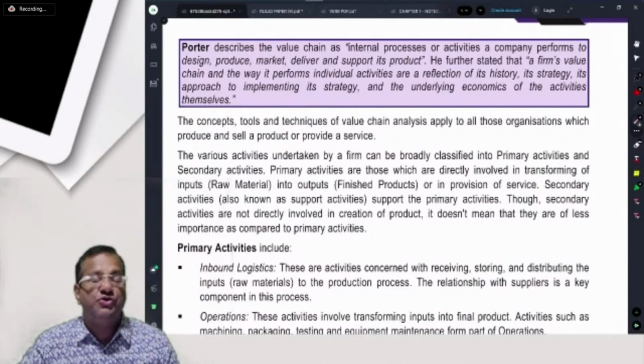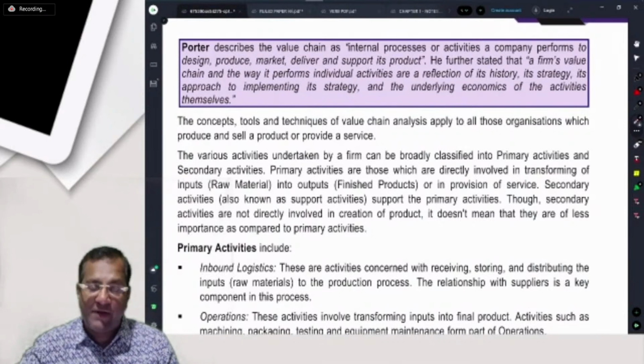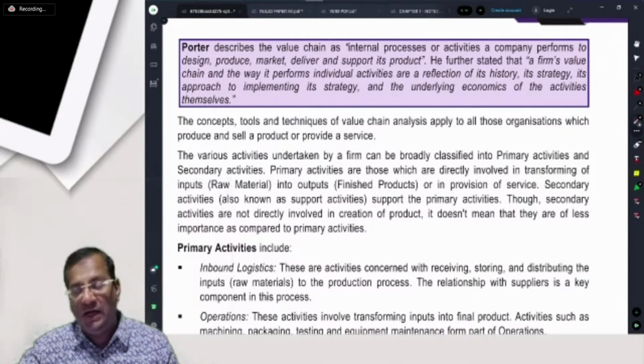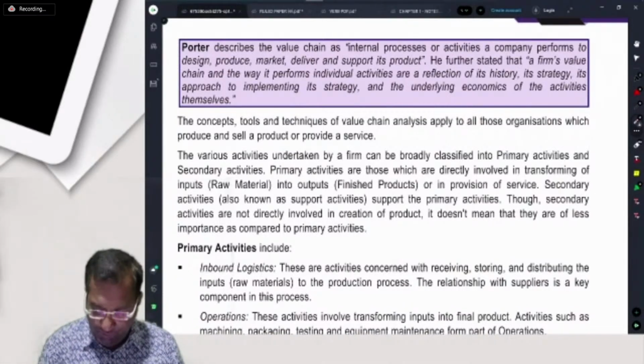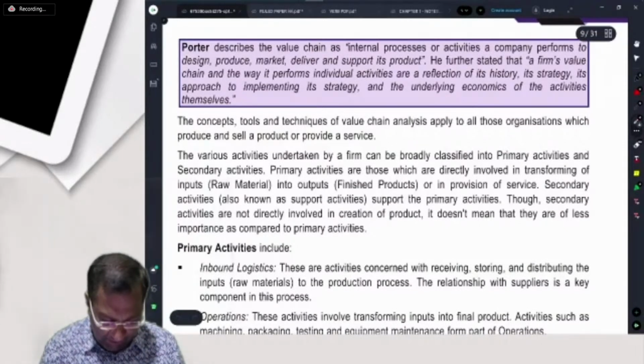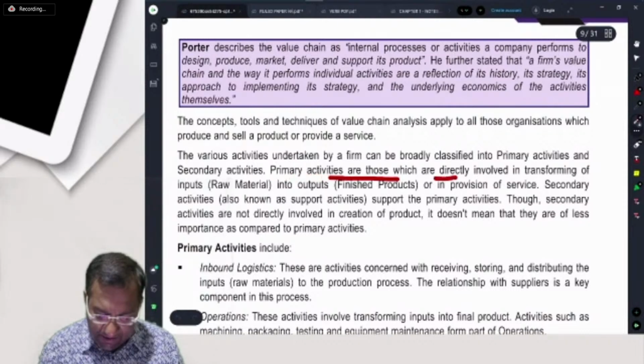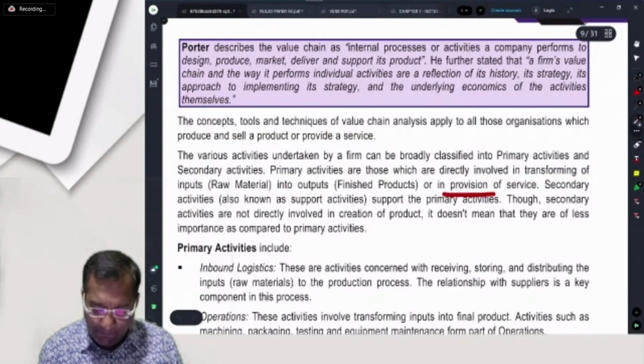Now, the natural question arises for what do you mean by primary activities and what do you mean by secondary activities? Secondary activities is also known as support activities. So here the definition is given to you. What do you mean by primary activities? Primary activities are those which are directly involved in transforming input into output or in provision of services.